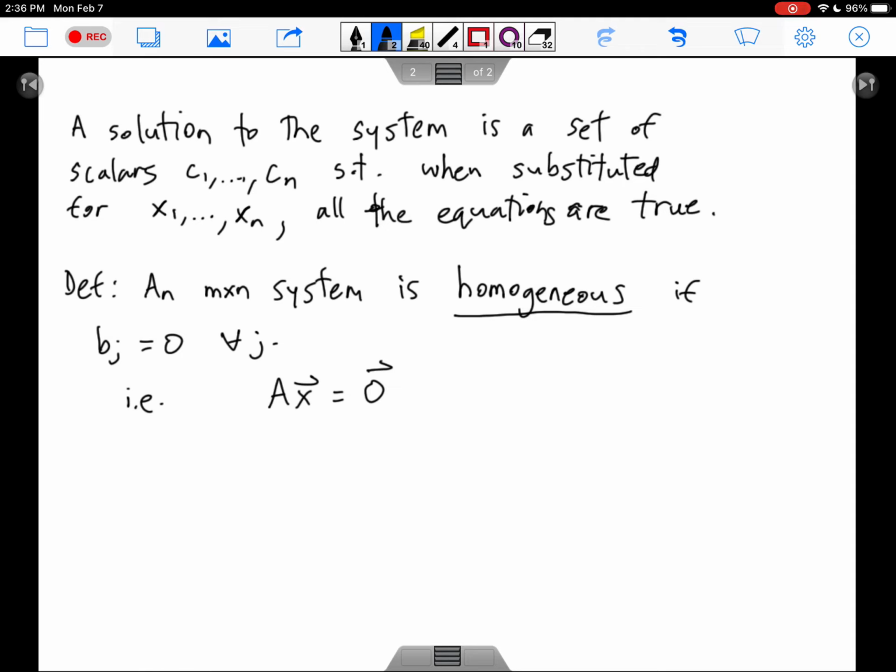So now that we know what a system of equations is, we have some natural questions that come out of this. So what are some natural questions about a linear system? Let me write this all out here. Questions about a linear system.